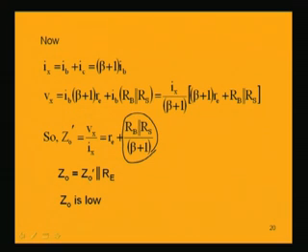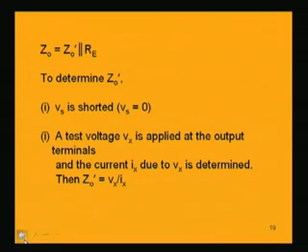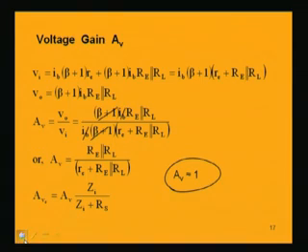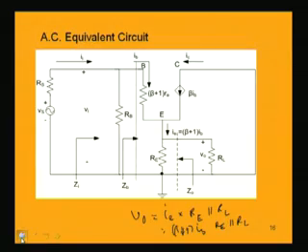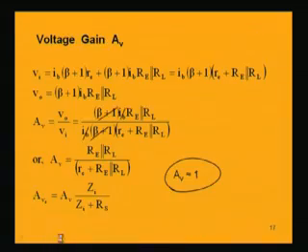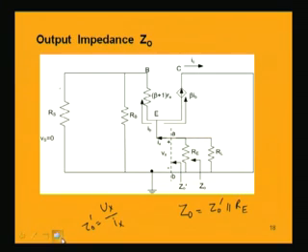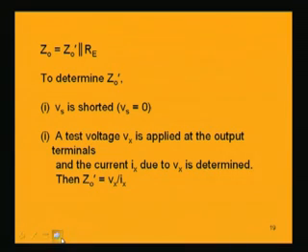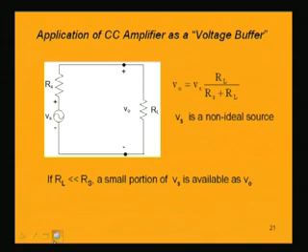So for the common collector amplifier, what we have noted is that the voltage gain is almost equal to 1, the input impedance is high and the output impedance is low. Now these facts can be used effectively when we want to use the common collector amplifier as a voltage buffer.